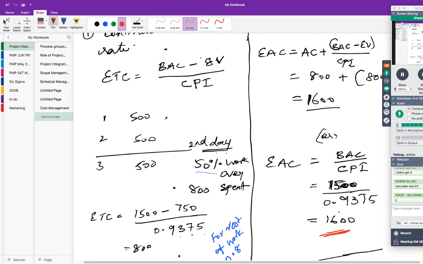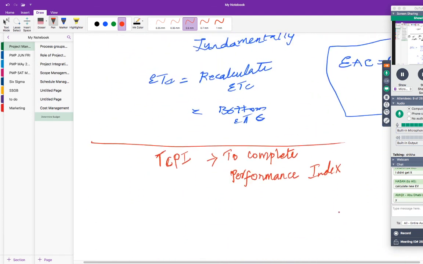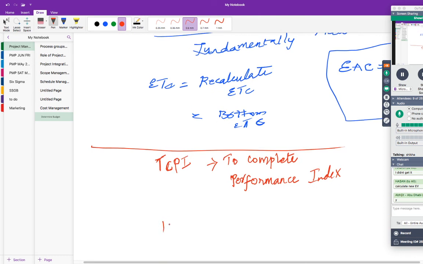In other words, what is your proposed CPI in order to finish your work in the given budget? No extra money. So that rate is called TCPI. TCPI is easy to calculate. TCPI is nothing but finish the remaining work in the remaining fund.